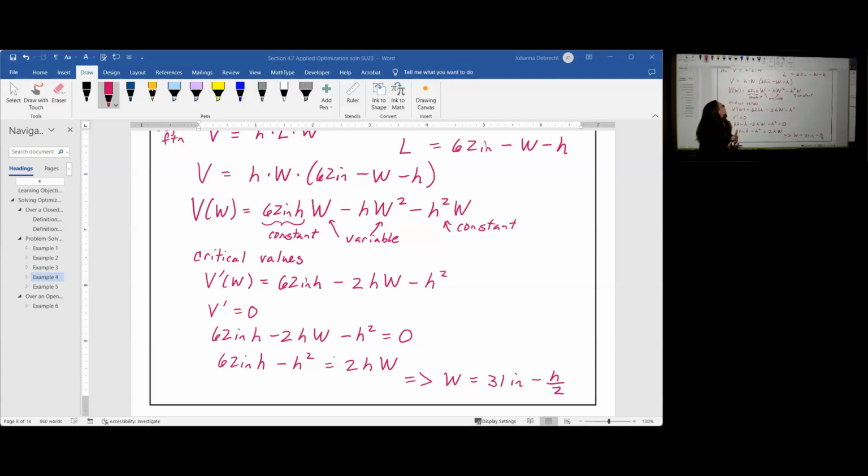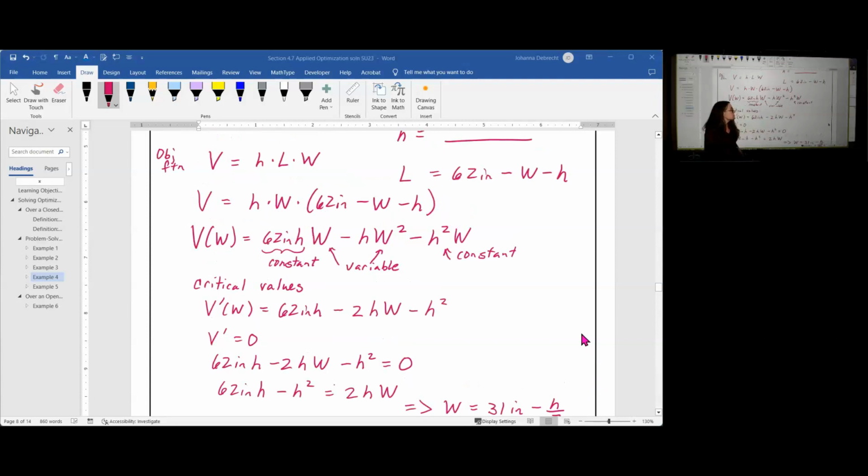But I can also go back to the original objective function that the volume is the height times the length times the width. I know the height is H, and I now know that the width is 31 inches minus H over 2. If I can get the length in terms of H, I might find an easier way of representing the volume in terms of H only, rather than having to replace each of these W's with that expression.